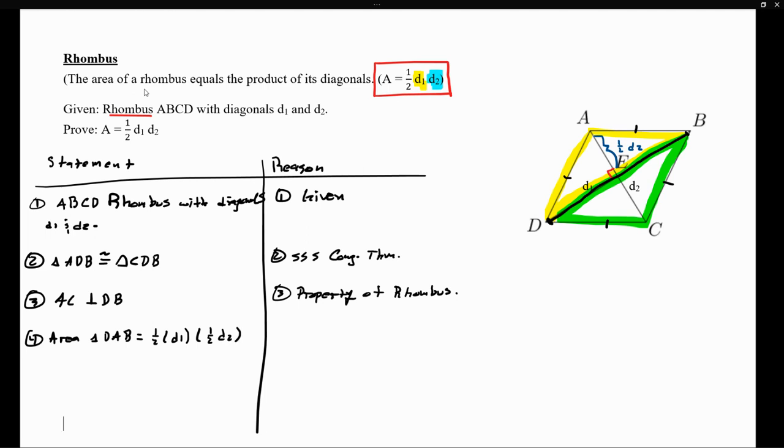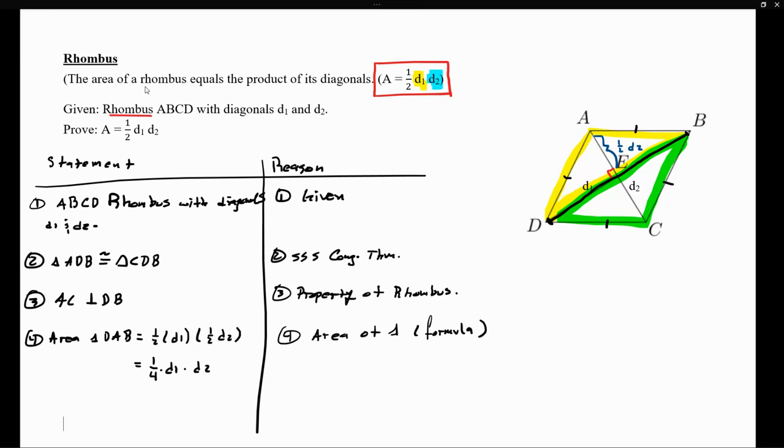And if we multiply all this, it is going to be equivalent to 1 quarter D1 times D2, because this is just the area of a triangle. You can call that a formula.